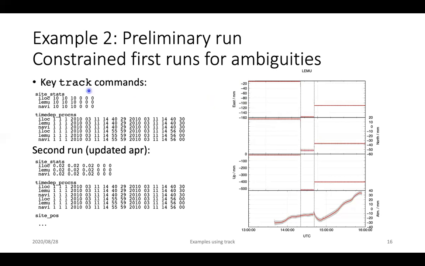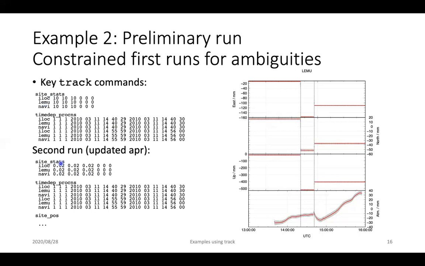But since we processed our data, you can see that there is a slight difference between the 0 line here and our first coordinate. So we can update the coordinate accordingly to be here rather than at the 0 line from the first run.